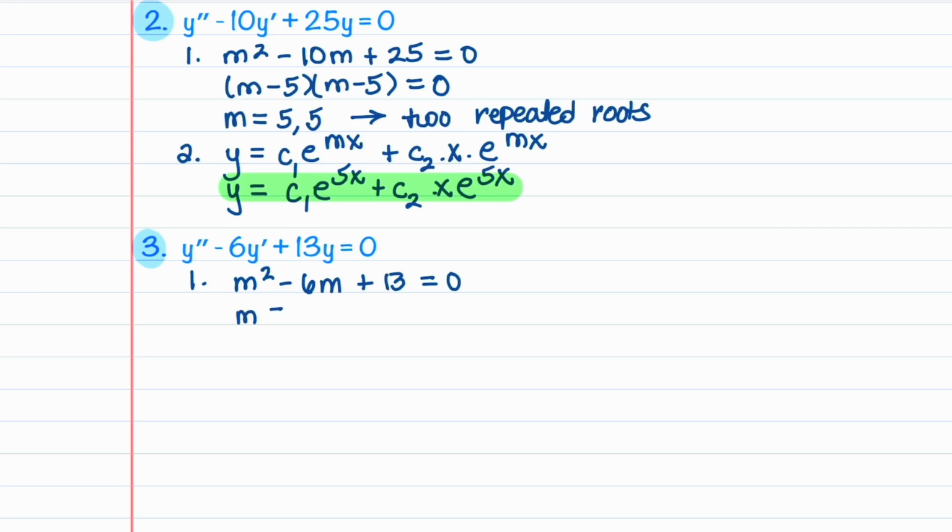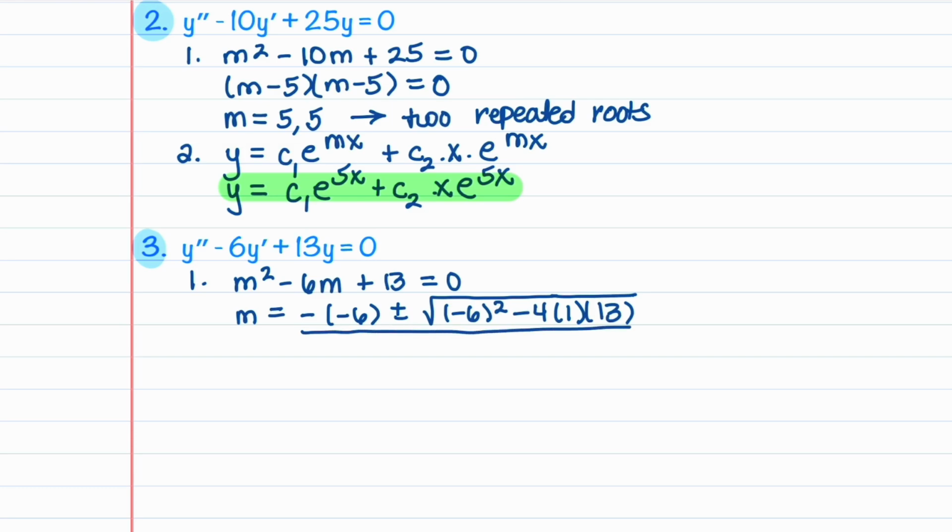So m is going to be negative b, so that's minus a minus 6, plus or minus the square root of b squared, that's minus 6 squared, minus 4 times a, which is 1, times c, which is 13. And all of this gets divided by 2 times a, which is 1.